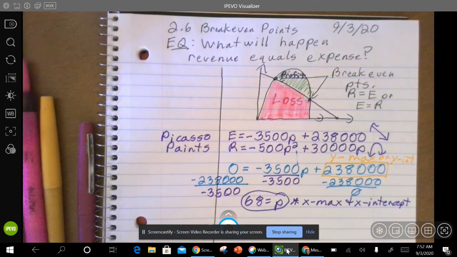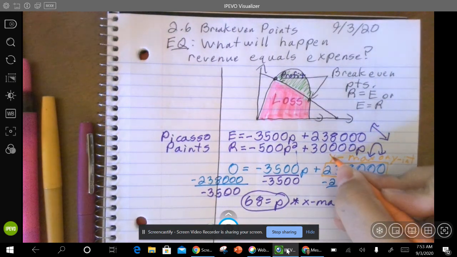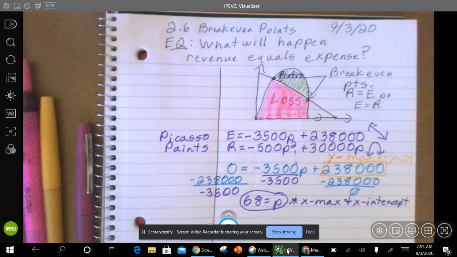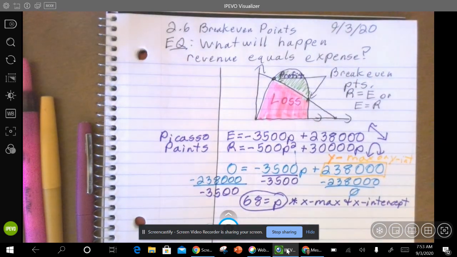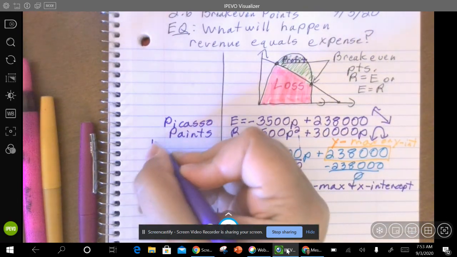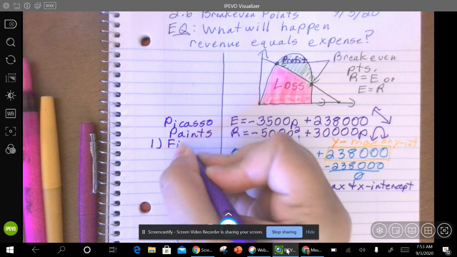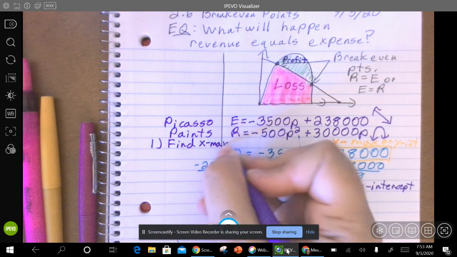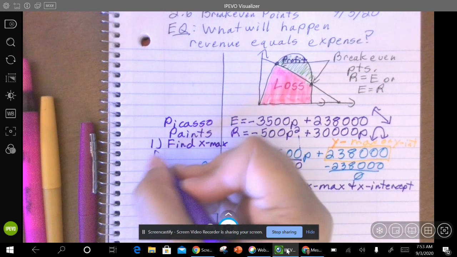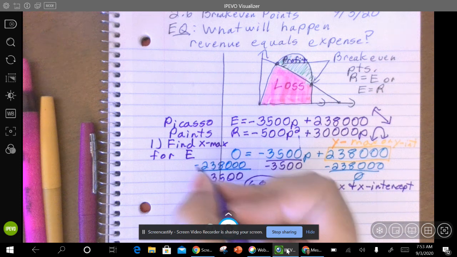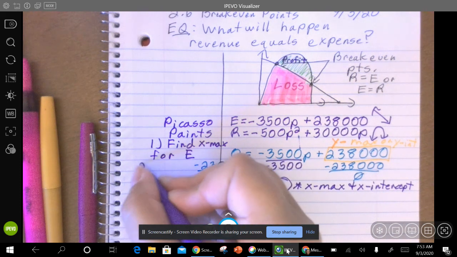Let me go over the steps for this. Put this a little bit darker. Okay, all right, so this one. We're going to find the y maximum, the x maximum for the expense graph. And then we're going to graph both of them.